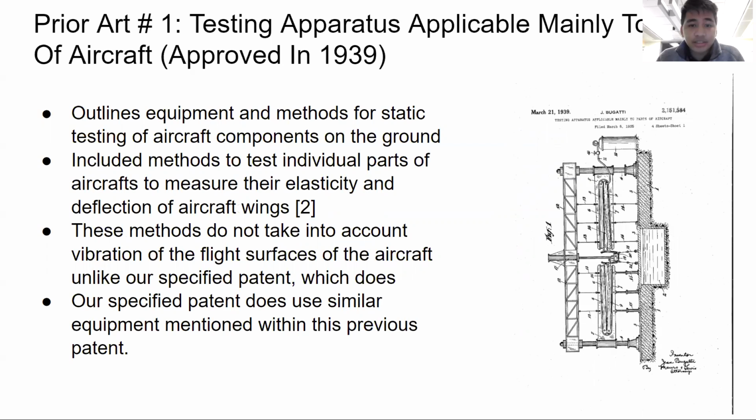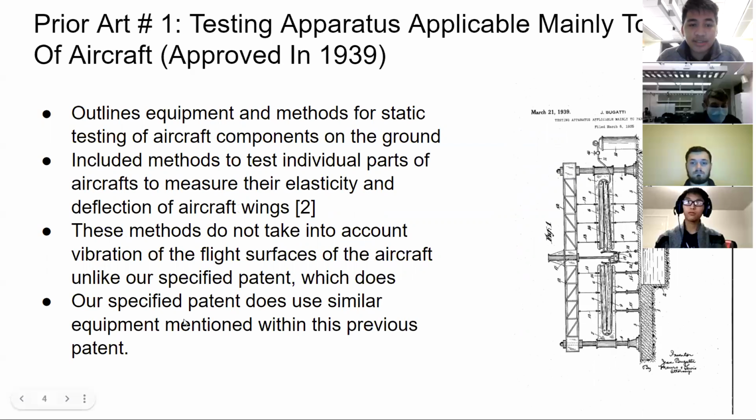Some prior examples of these patents: here's the first one, which was in 1939. This mainly focused on parts of the aircraft. During this time, they were only able to do static testing, meaning it was in static equilibrium and wasn't moving.